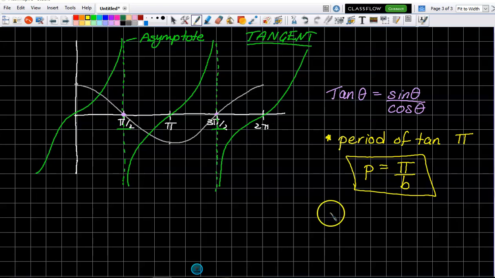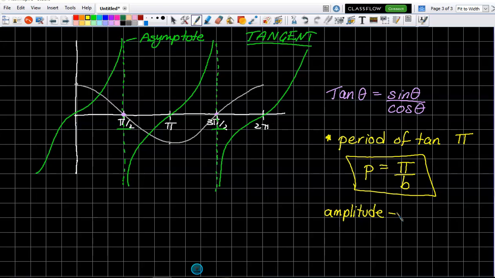And the other thing is the amplitude. What would you say is the amplitude of our tan graph? For sine, the amplitude was the value in front, A, right? Same with the cosine graph, it was A. What's the amplitude of tan? It's undefined, right?